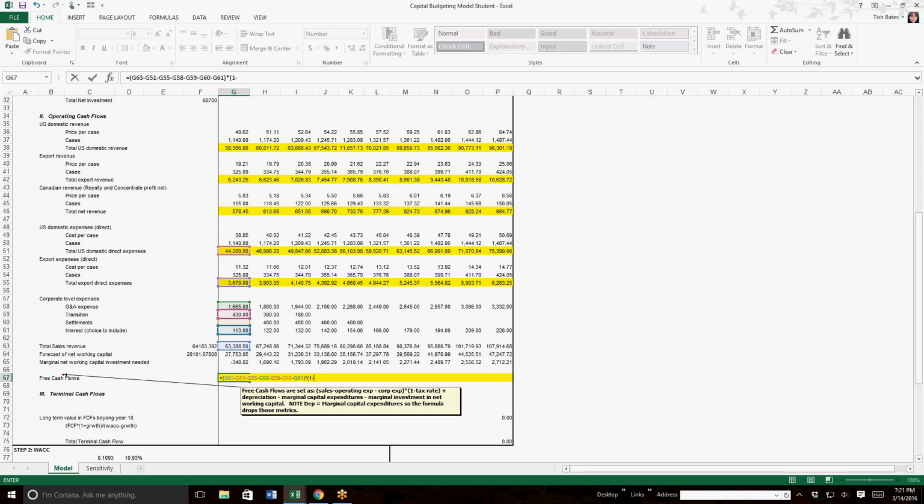What do you think? 0.25? Salvage value, tax on salvage value, or 0.4? Isn't the corporate tax rate 0.4?